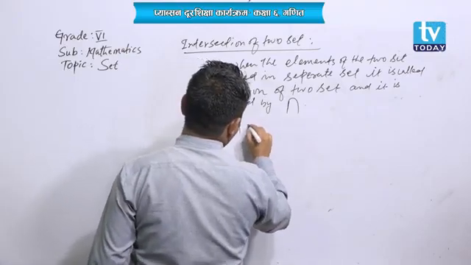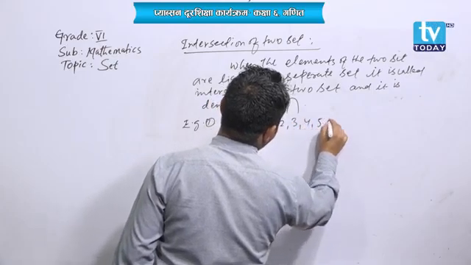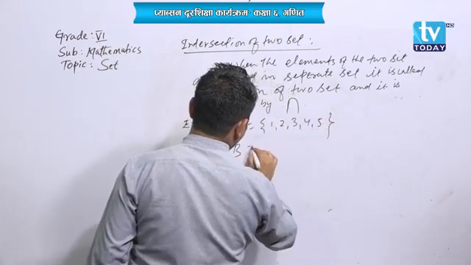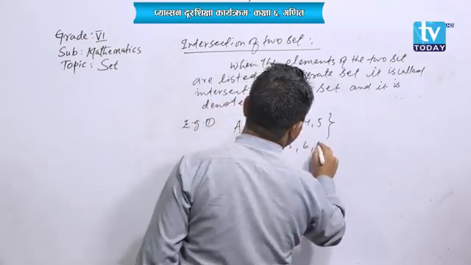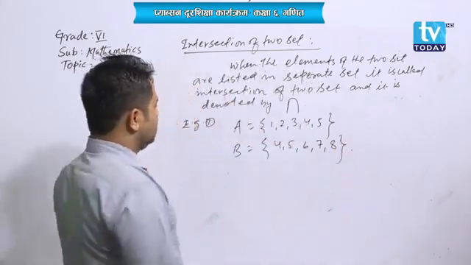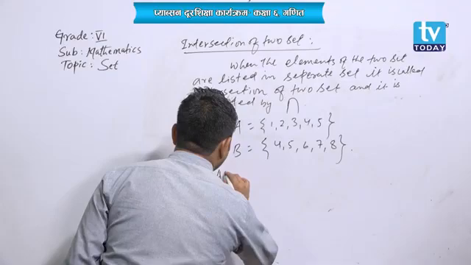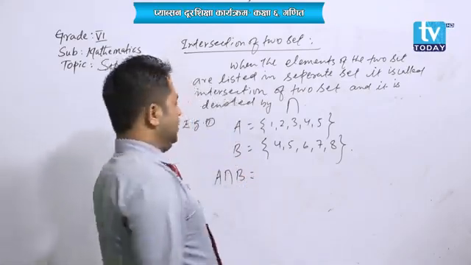Example 1. Suppose A is 1, 2, 3, 4, 5, then set B is 4, 5, 6, 7, 8. All right. So A intersection B means common elements.